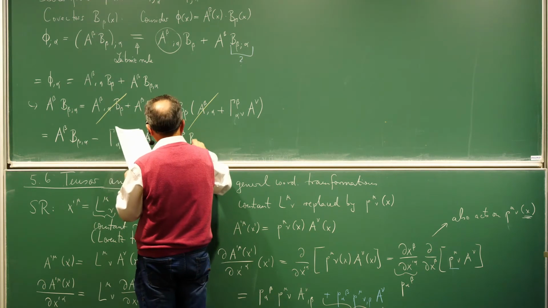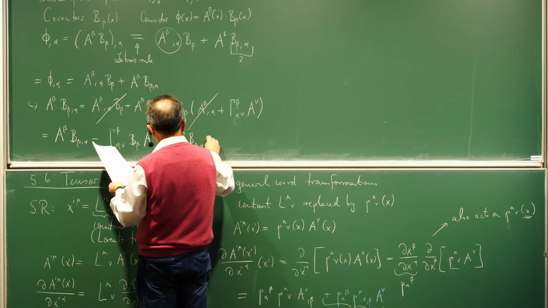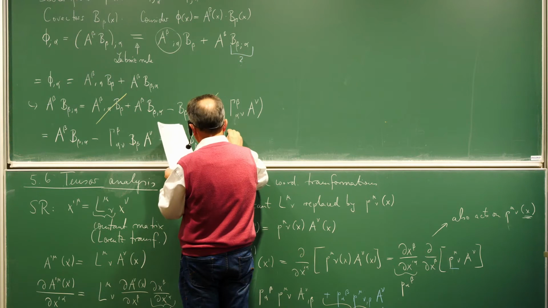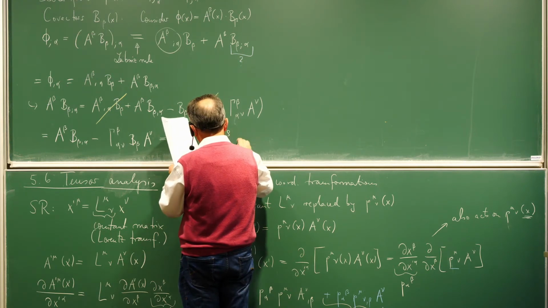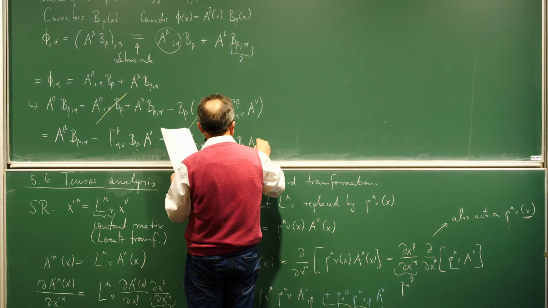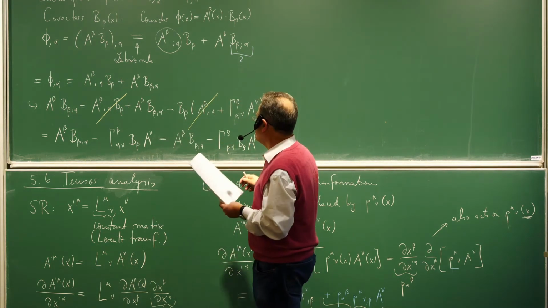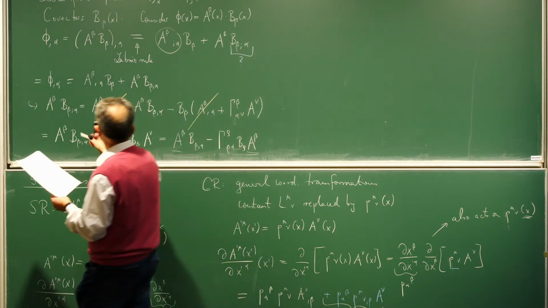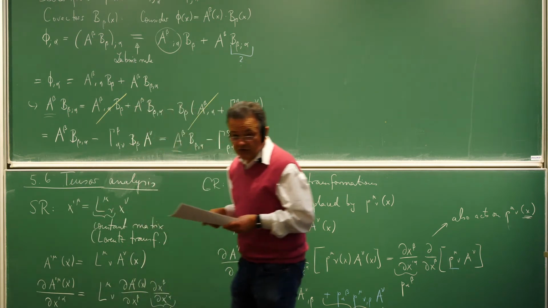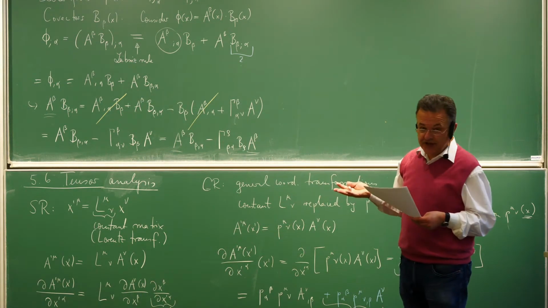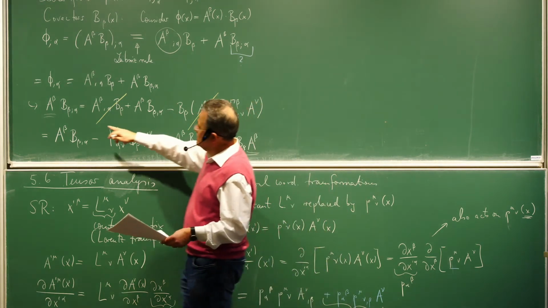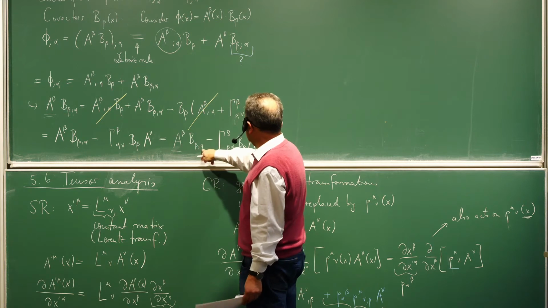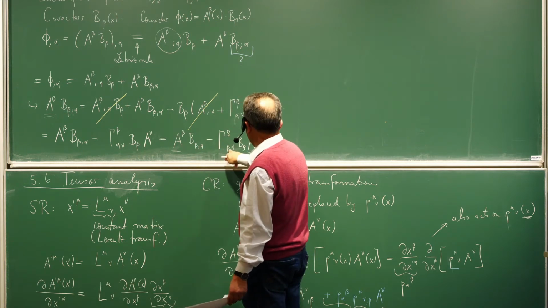The first is just copied, and the second I renamed, using a symmetry and renaming the indices, so this is minus Γ^ρ_βα b_ρ a^β, and also renaming indices so that we have a^β everywhere. This holds for any a^β, so we can skip the a^β and we have the result that b_β;α is the partial derivative minus Γ^ρ_βα b_ρ.